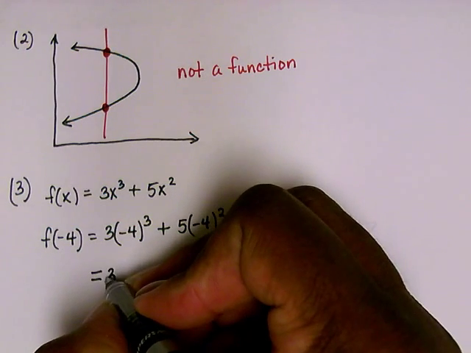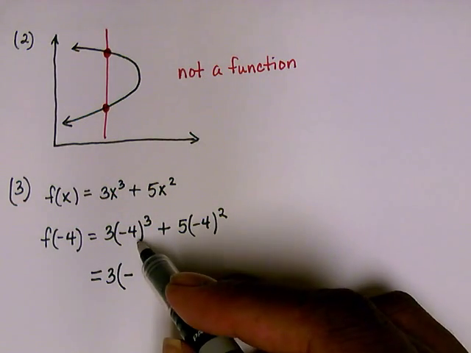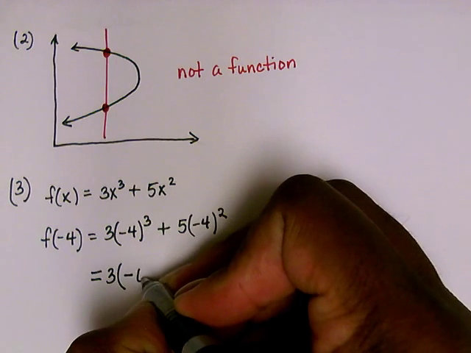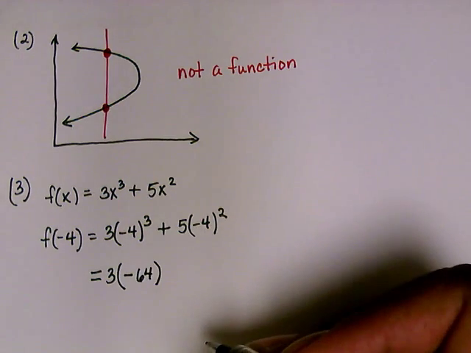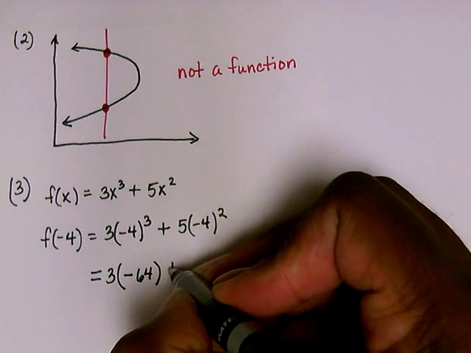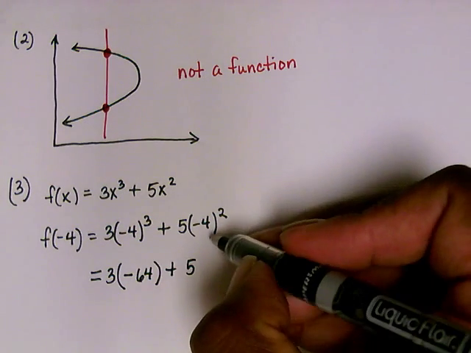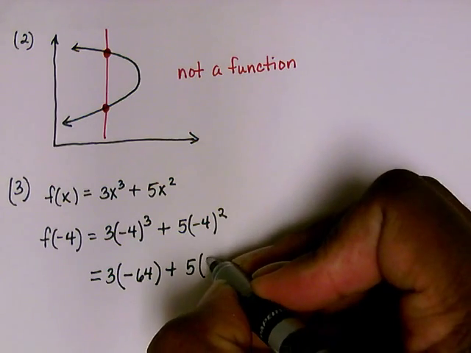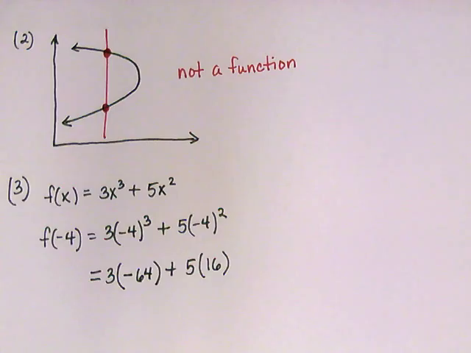So let me bring down this 3 times negative, 4 times 4 is 16, 16 times 4 will be 64. So I'm going to have 3 times a negative 64, plus 5 times negative 4 squared, that's negative 4 times negative 4, which is positive 16.